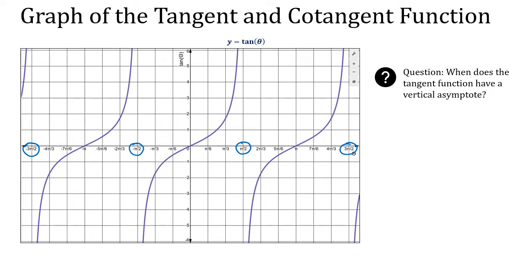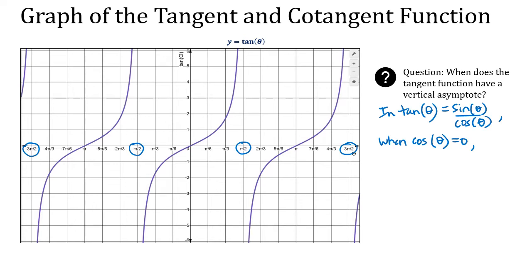Now, when we came up with those values in the table of values, we used the relationship that we know about the tangent function to say that the tangent function is equal to the sine of the angle over the cosine of the angle. So in that function, when that denominator, in this case the cosine, was equal to 0, we saw that the tangent function was undefined.